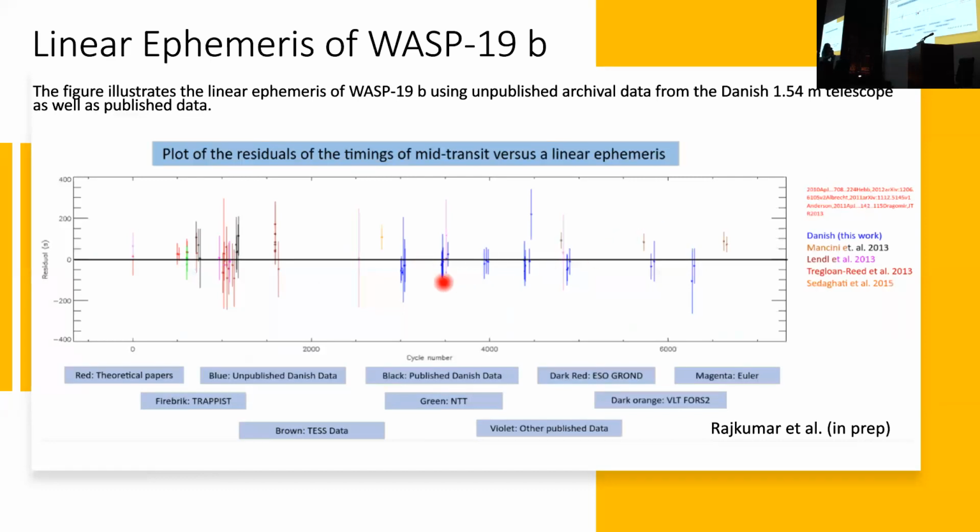Here, the blue points show the data of the Danish telescope, and these are from TESS data. The other colors correspond to other published data. What we can see here, especially with the Danish data, is a prominent decay.